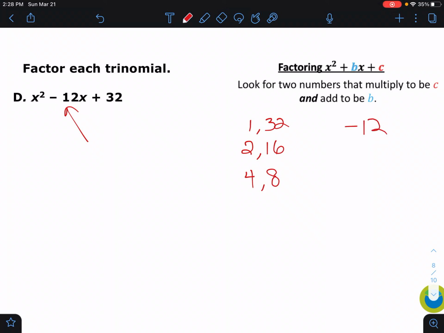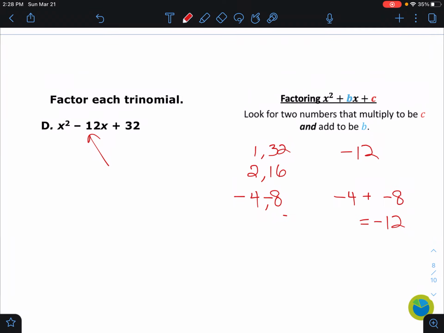In order for that to work, how can I do that if this is positive? Well, remember, 2 negatives multiply to be a positive. So this is a little bit of a sneaky one. This would be negative 4 and negative 8. If you add those together, that gives you negative 12. So it's one of those things to just be aware of. In this case, I've got a positive 32 and I have a negative 12.